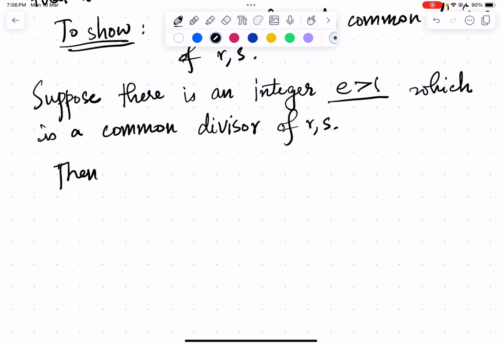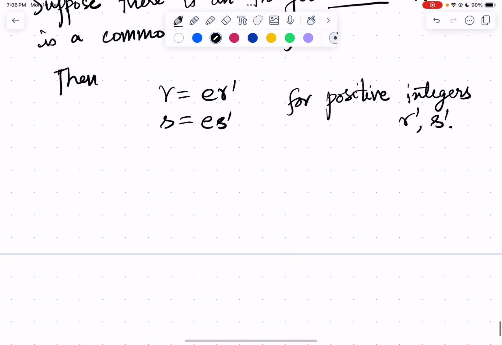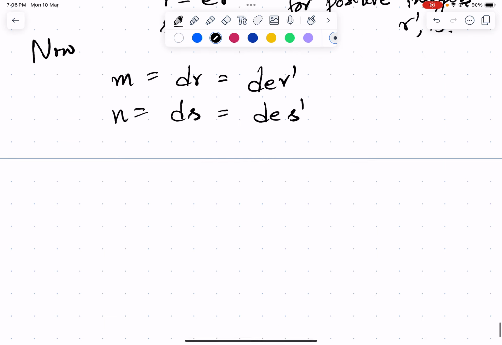Then r equals e times r dash, s equals e times s dash for positive integers r dash and s dash. Now m equals dr equals d e r dash, n equals ds equals d e s dash. Hence de is greater than d.